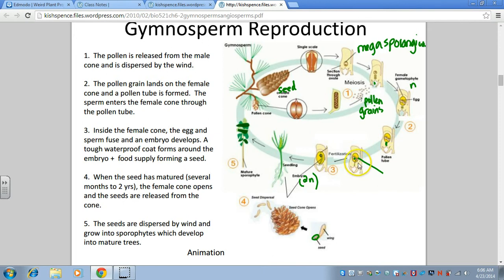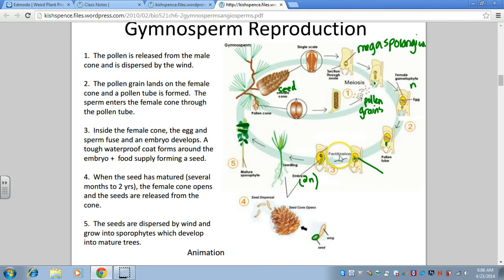And then the sperm can swim down through or up through to where the egg is. So 2 sperm will actually swim, but only one will fuse with the egg. So only one will fertilize the egg. The other one will just be broken down.